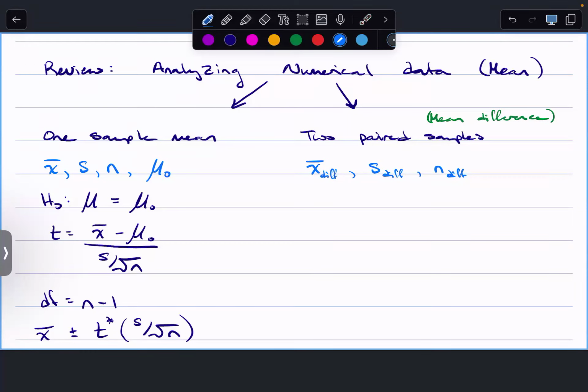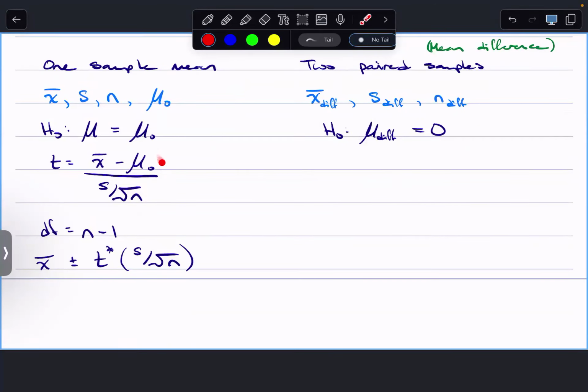And so my null hypothesis is that mu diff is equal to 0, right? We're always going to compare our point estimate, our sample mean of the differences, how does it compare to 0, right? Beyond that, these steps are all the same, except we use the information from the differences.